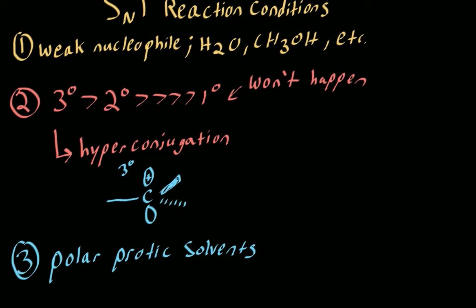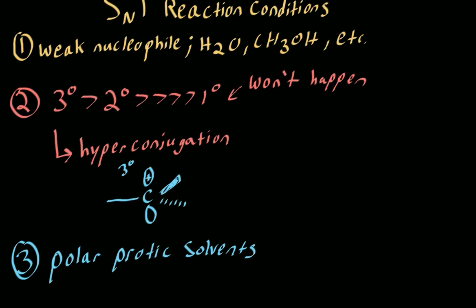Why is that? Well, this phenomenon called hyperconjugation, where that empty p orbital, which holds our positive charge, will be stabilized by those alkyl groups. They will share their electron density. So tertiary is the best, secondary is still good. Primary, no, it's not going to happen.